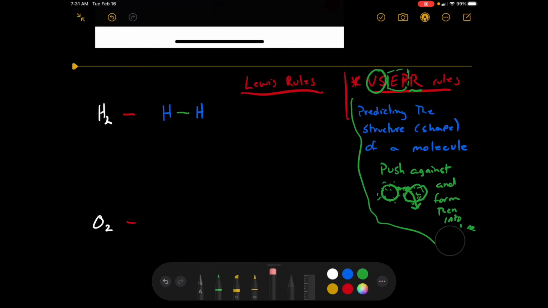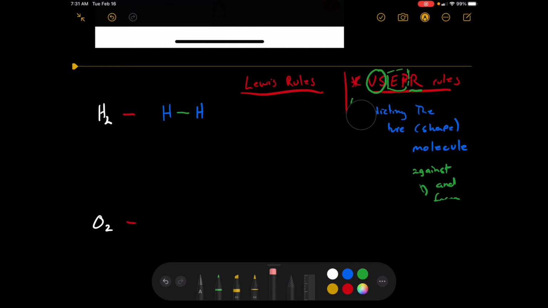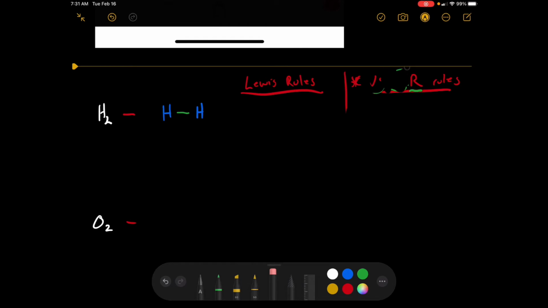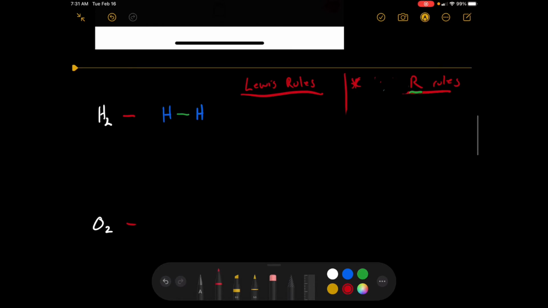I'm erasing it now. That is basically what VSEPR is. Okay? I'm just going to get rid of this. Boom, like this. And rewrite. Valence shell electron pair repulsion. Okay, so let's go back over Lewis rules.